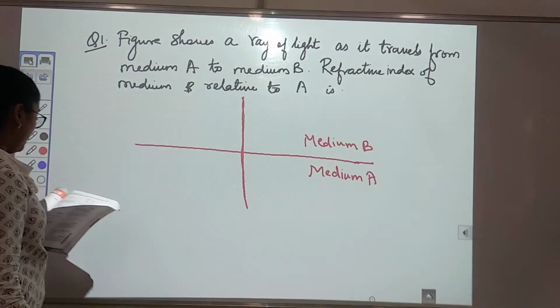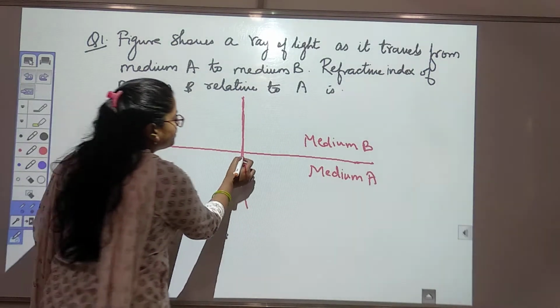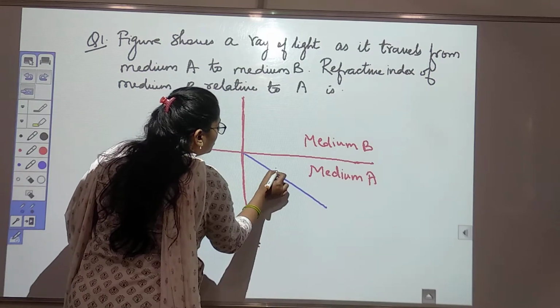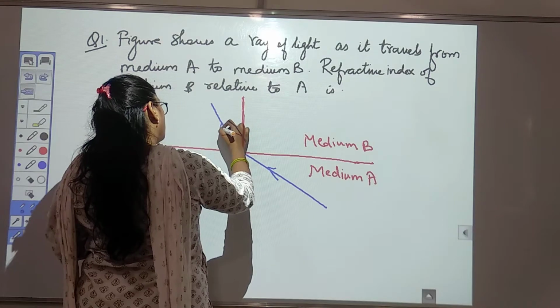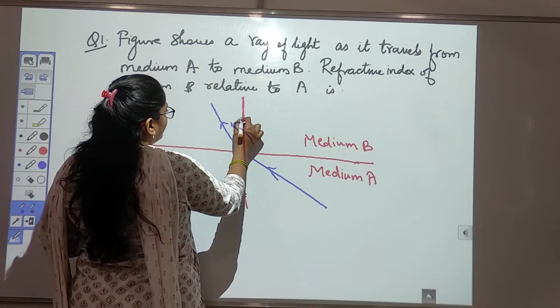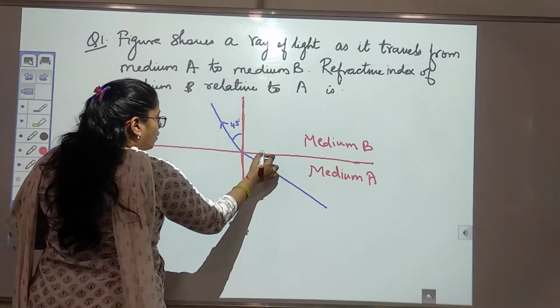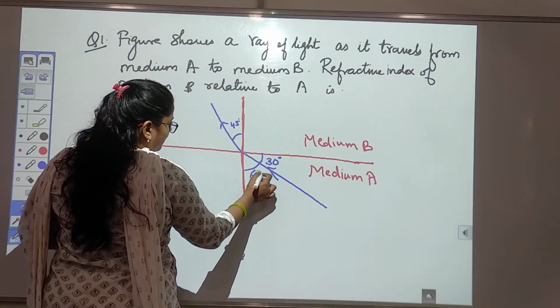Now a ray diagram is given like this. This ray makes an angle of 45 degree with the normal, while 30 degree like this and 60 degree like this. Okay.